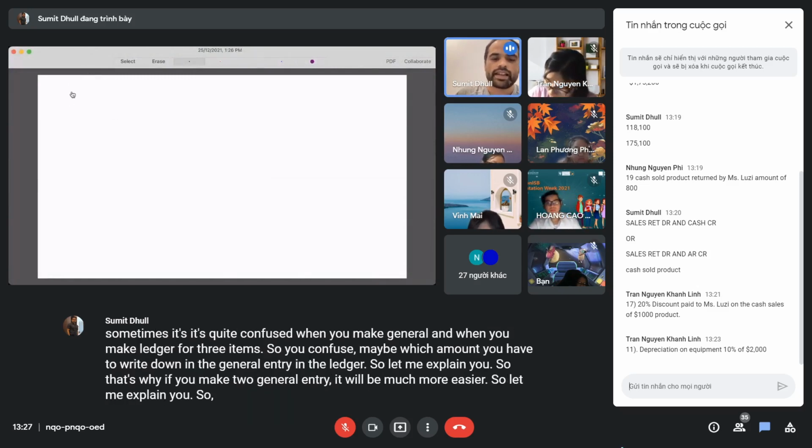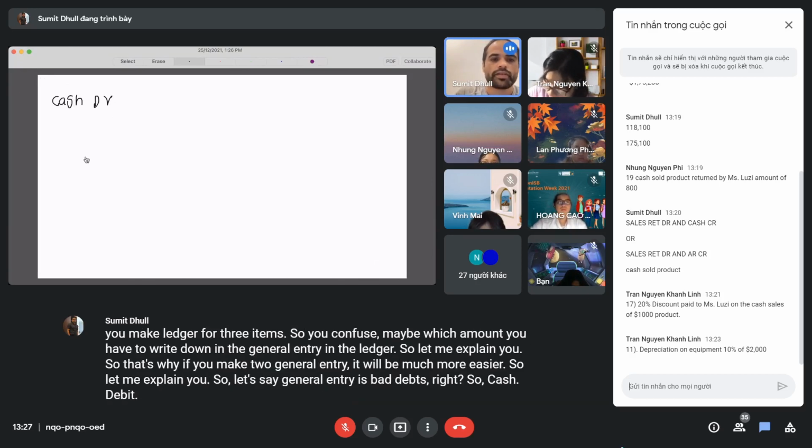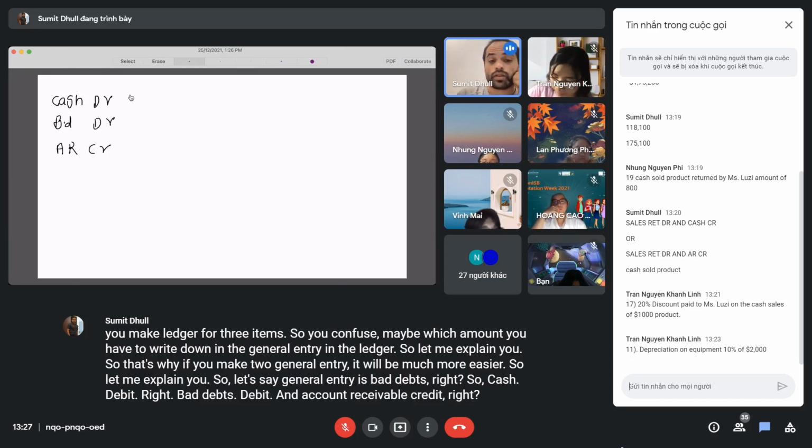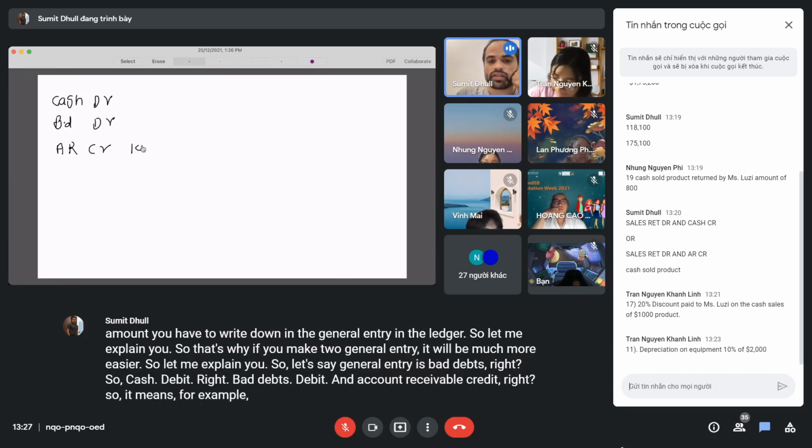Let's say the journal entry is bad debts. Cash debit, bad debts debit, and account receivable credit. For example, 1,800 and 200.